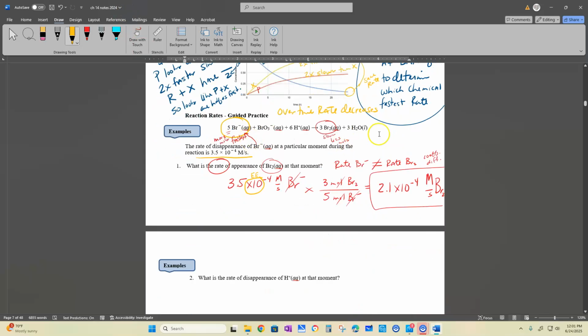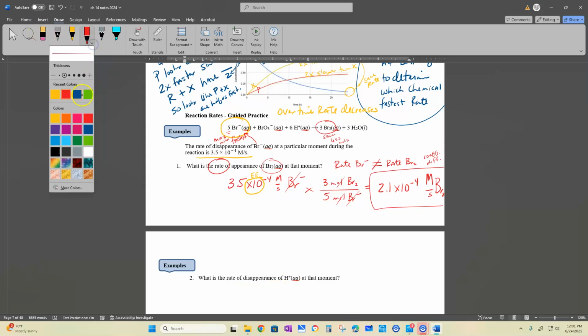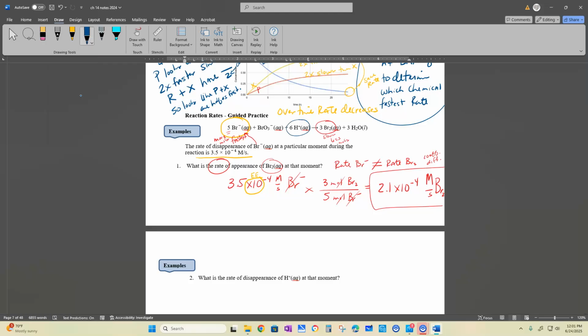Same equation, but let's find a different chemical. What's the rate of disappearance of hydrogen? Okay? Let's go blue. So I want to look at hydrogen, but I said disappearance. And why did I say disappearance? It's because it's a reactant.